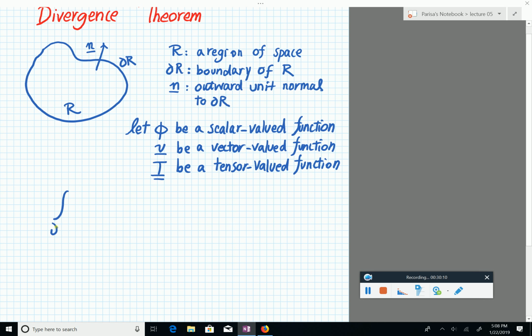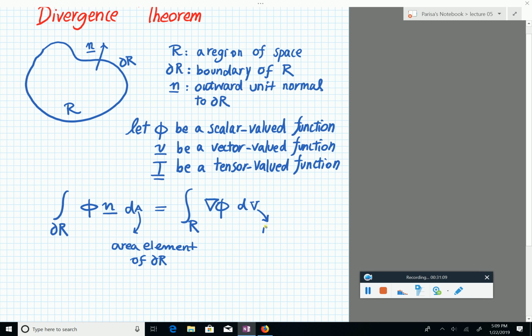The theorem says that the integral of phi times n dA, which is the area element of delta R, is the same as taking the integral over the volume of the gradient of the scalar valued field times dV.